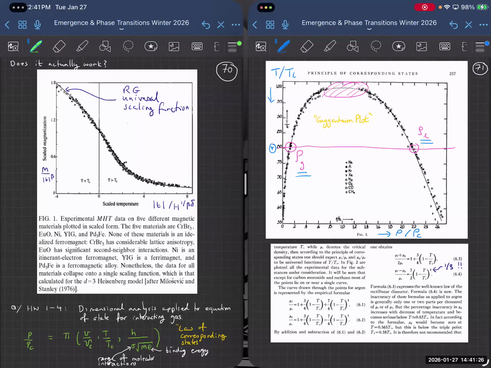This graph tells you what they are, and this is the coexistence curve. So this shows you a data collapse, very much like the data collapse shown on the left-hand side. And so you might say, this is the same kind of data collapse that we see in critical phenomena.